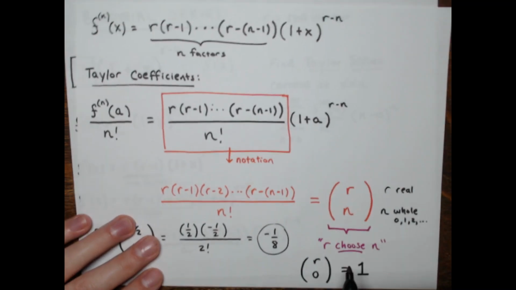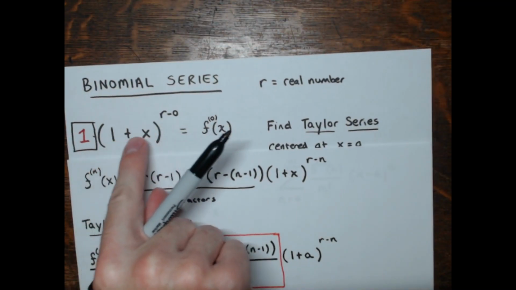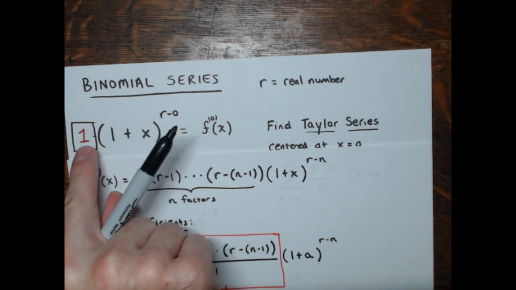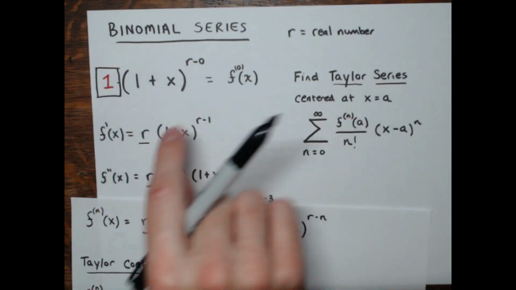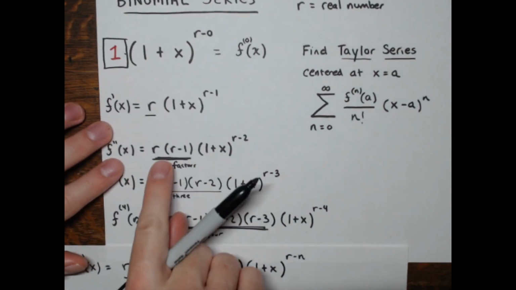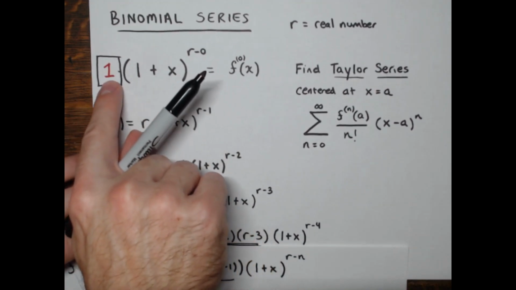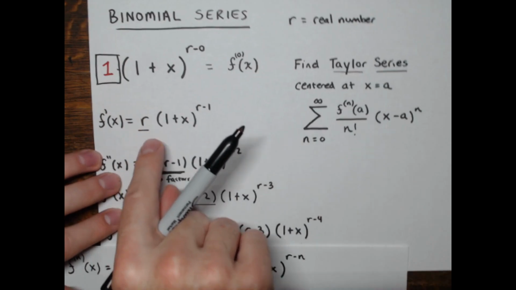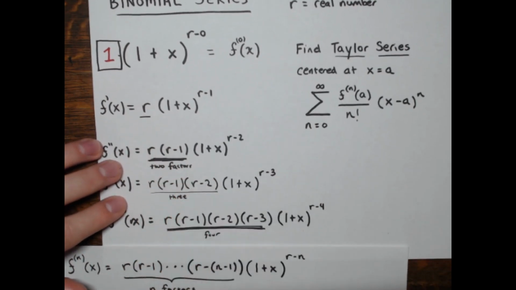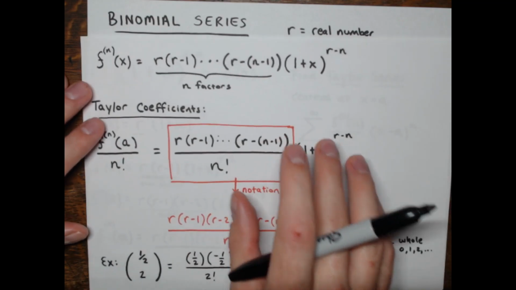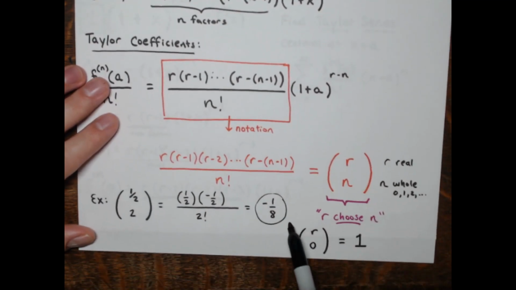That's the initial coefficient in front of 1 plus x. Then here's r choose 1, r choose 2. We divide by 0 factorial, 1 factorial, 2 factorial, 3 factorial to get the choosing numbers. One property you should remember: if n is 0, r choose 0 is 1.